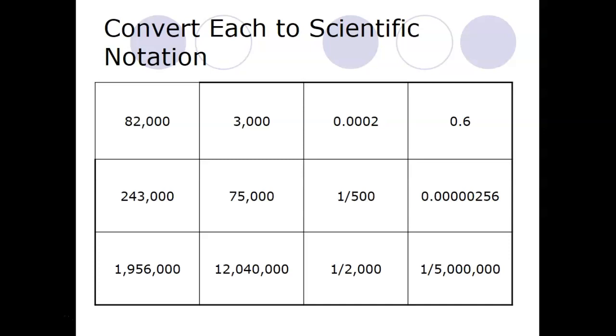Well, my decimal point starts where? It would be 8.2 times 10 to the fourth. So just to kind of get y'all started with that one, let's see what y'all do with the rest.